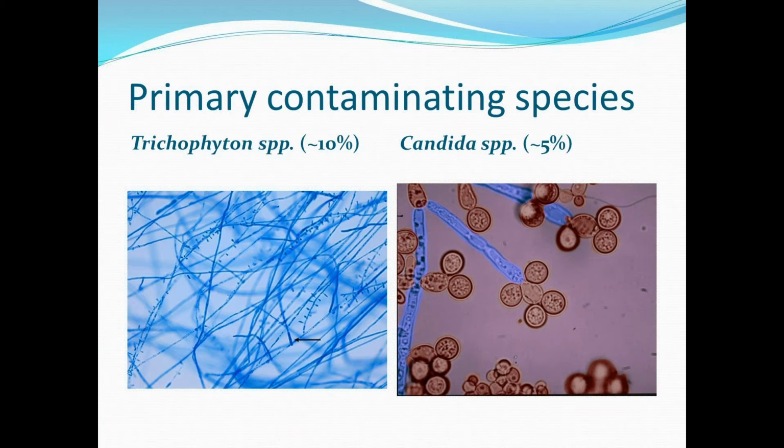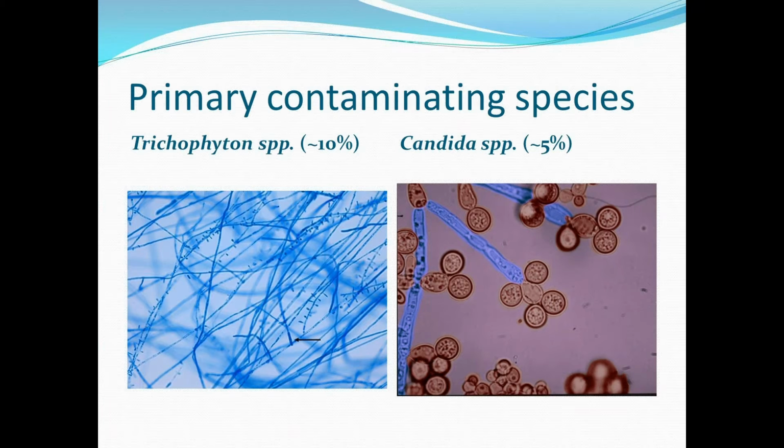Trichophyton species are the most common cause of athlete's foot, as well as ringworm and jock itch and infections of the nail, beard, skin and scalp. I do find this one interesting because Trichophyton is quite notoriously difficult to grow on culture media, yet it stands at 10% of the recalls, so quite how it was assessed is an interesting issue.